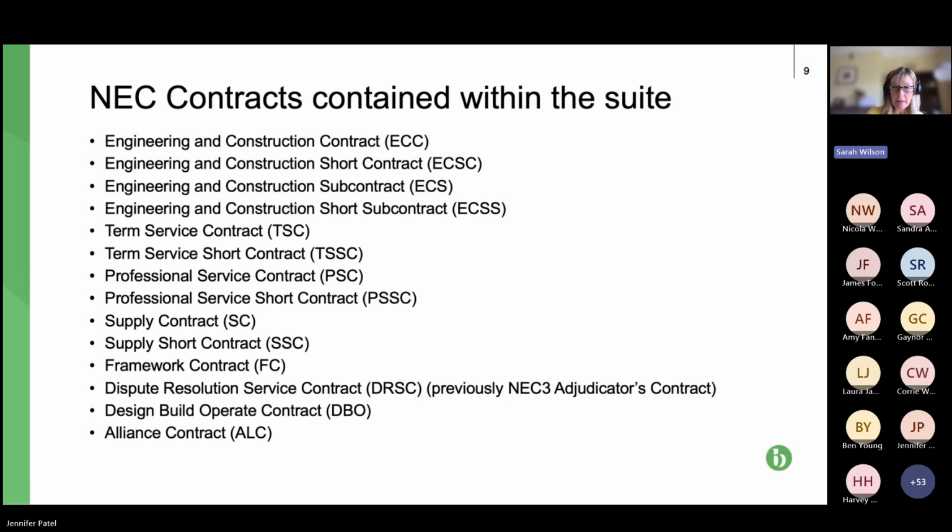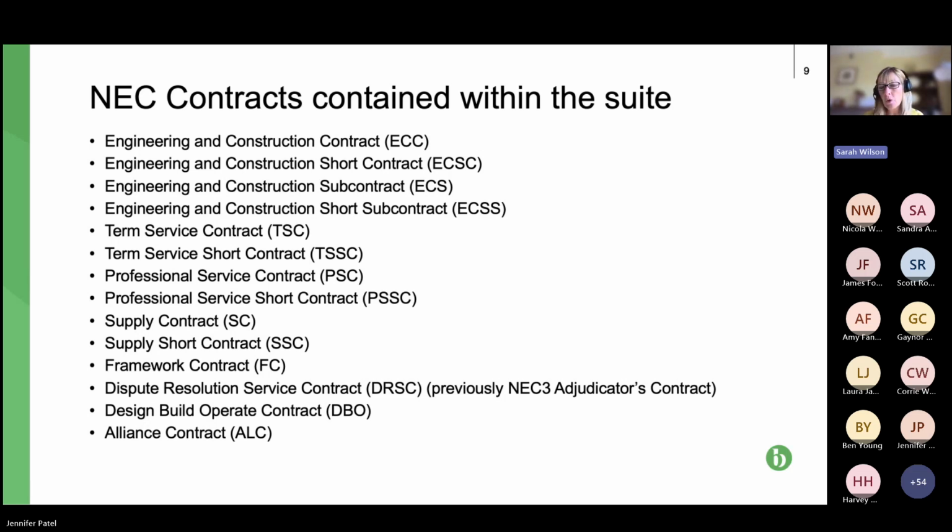There would be one pot of money to pay for the works, probably on a target basis, very limited opportunity to claim extras, even less opportunity to adjudicate, because the idea is it's almost run by committee, you work your way through. So it's almost like a super collaboration contract.